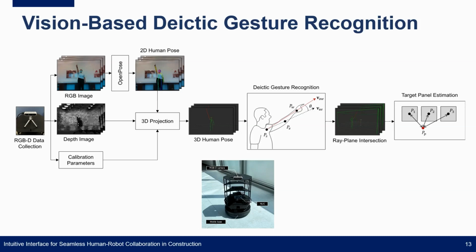From there, we calculated the target position on the surface of the environment by finding the intersection between the gesture ray vector and the plane within that environment. Then we chose the panel that had the shortest distance to the target position.